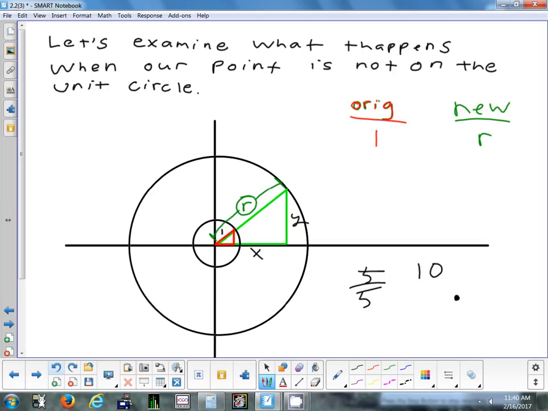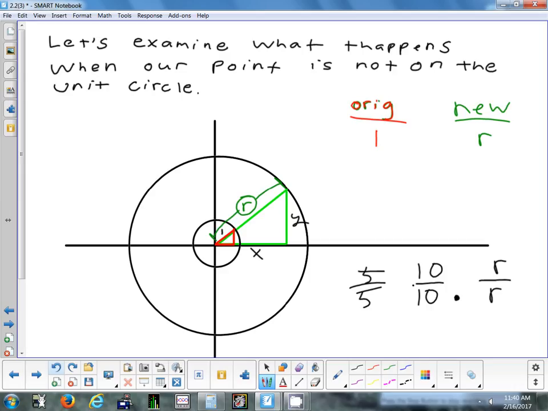If I had something that was 10 units long and divide it by 10, I just made it 10 times smaller, turned it back into 1. So if I had something that's r units, what am I going to divide it by to turn it back into the number 1? I'm going to divide it by r.